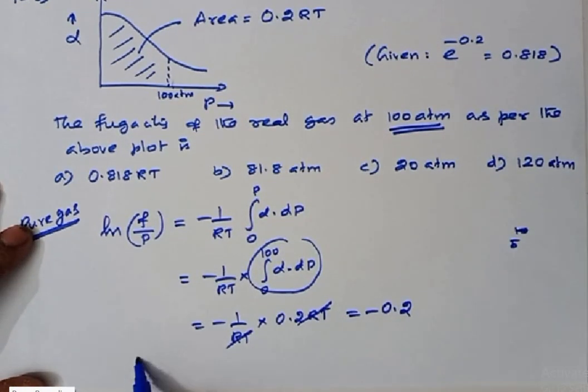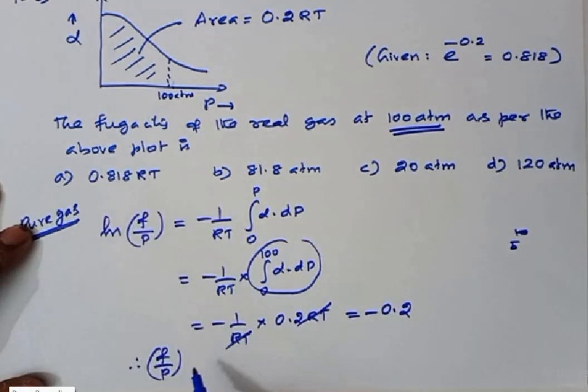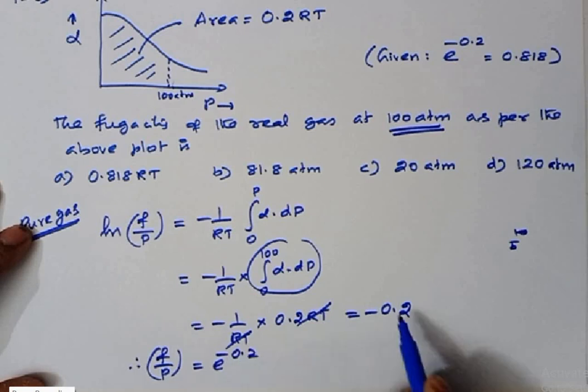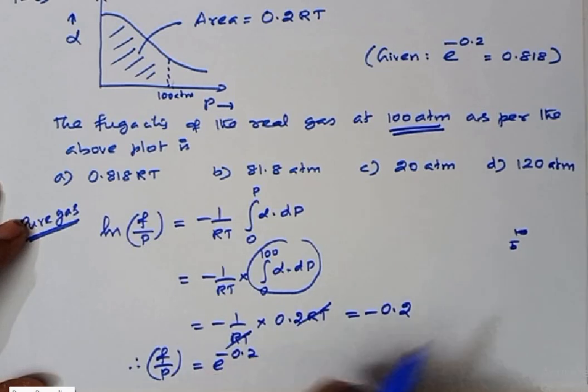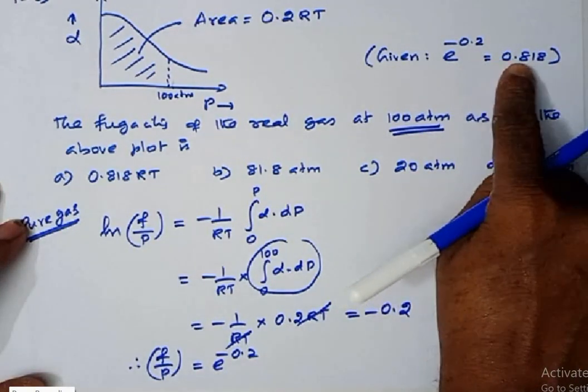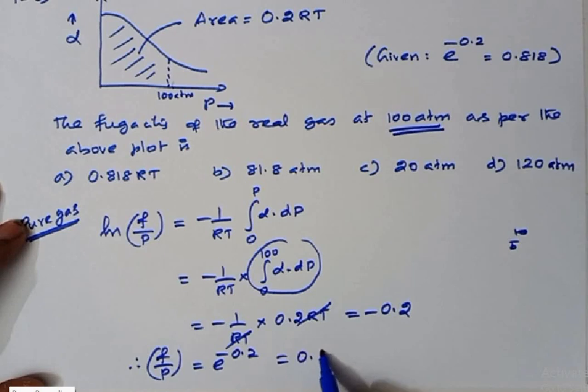So what is F by P? Therefore, F by P, if you remove log, you must put e power -0.2. E power -0.2 value is given here, 0.818. So F by P equal to this. Then what is F?